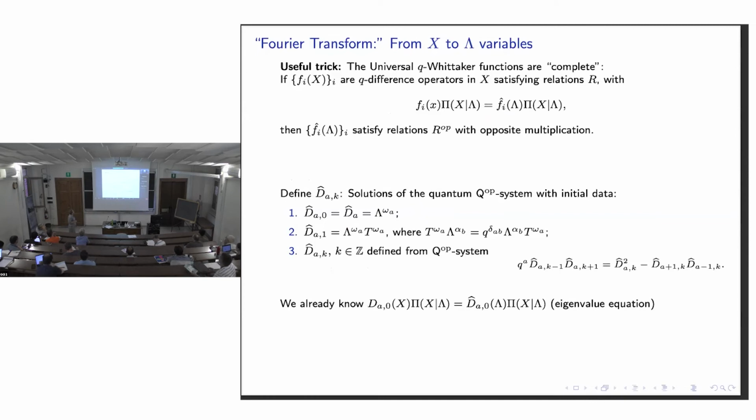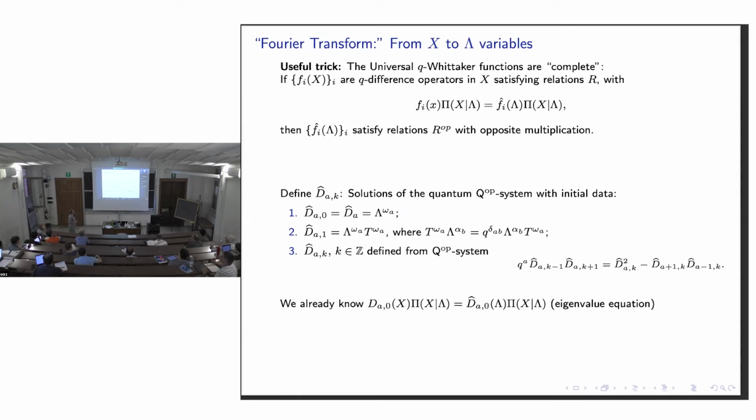If you have a bunch of Q difference operators, f_i of x, acting on x, that act on the universal function, for example, by some, you can call this eigenvalue, but it's not really an eigenvalue because f_i hat is a Q difference operator in lambda. So a Q difference operator in x acting on pi is a Q difference operator in lambda acting on pi.